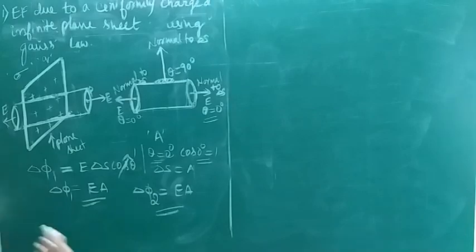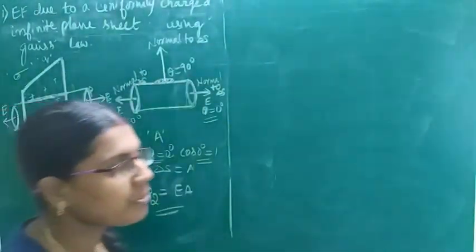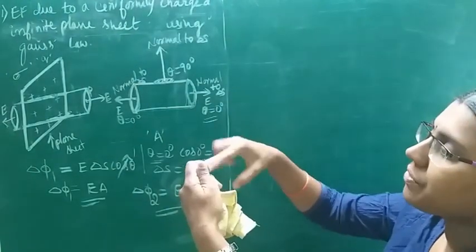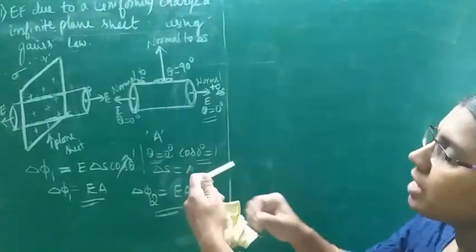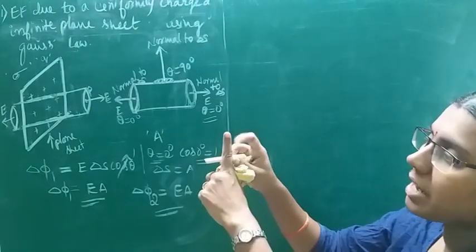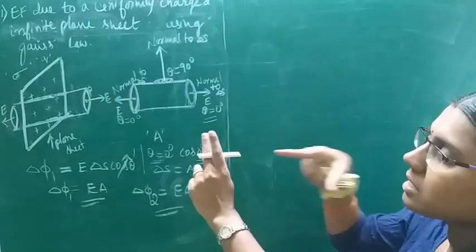Now we have to find the flux due to the curved surface. The curved surface will be like this. If we draw a normal for this curved surface, it will be like this, and the electric field will be like this.